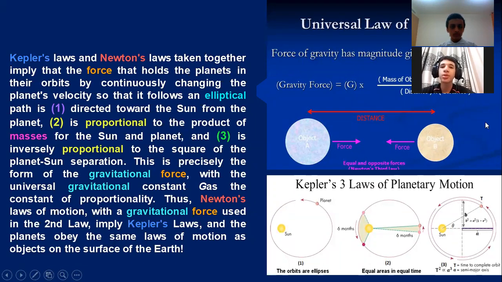Kepler's laws and Newton's laws taken together imply that the force that holds the planets in their orbits by continuously changing the planet's velocity so that it follows an elliptical path is one, directed towards the sun from the planet, two, proportional to the product of the masses of the sun and planet, and three, inversely proportional to the square of the planet-sun separation.